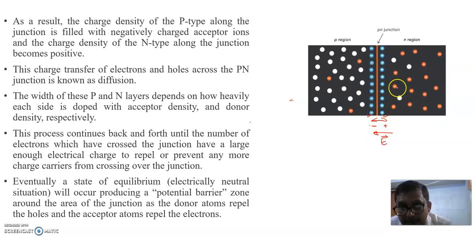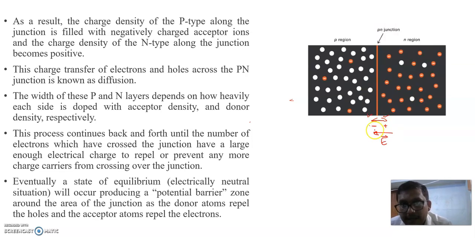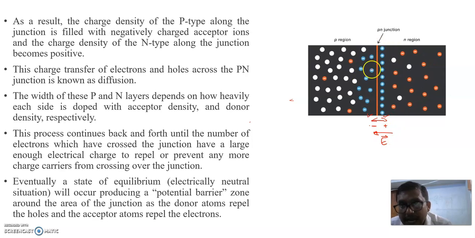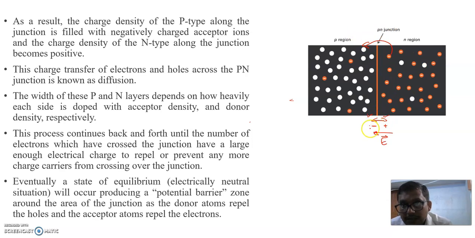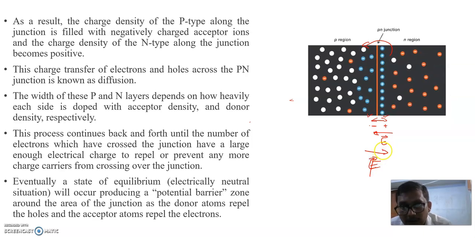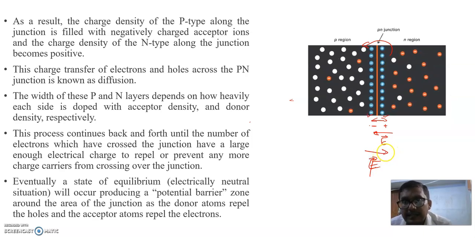The flow of electrons will continue until it is opposed by the induced electric field. How does it oppose? Electrons are moving from right to left, and the direction of the force upon the electron is from left to right. Why? Because the electron is negatively charged, so the force upon the electron is opposite to the induced electric field.